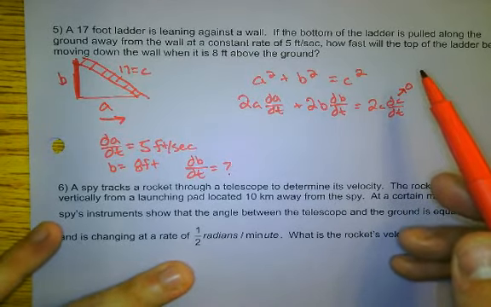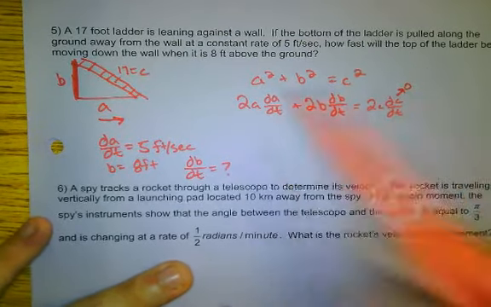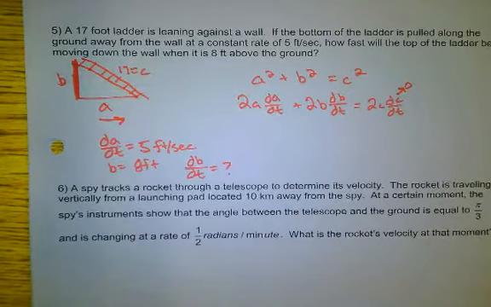The ladder's just falling down, but the hypotenuse is not changing length. It will always be 17 feet long, at least in the moment of this problem.